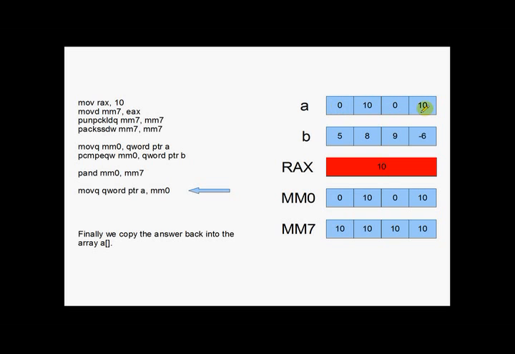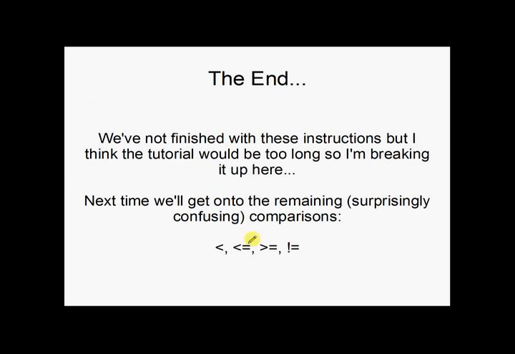We've pretty much said any words that are the same in the 2 arrays become 10, and any words that aren't the same become 0. Good? Alrighty, so that's the end of the first part of the tutorial, where we're looking at the Boolean operations and comparison instructions.